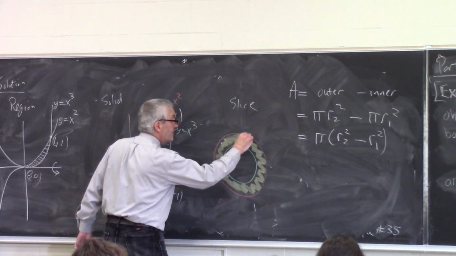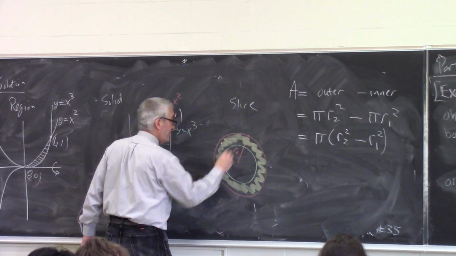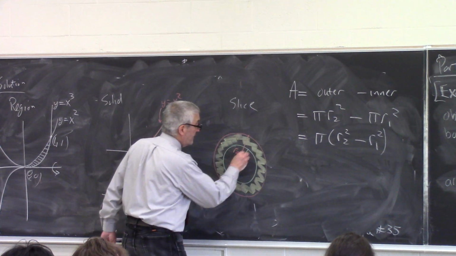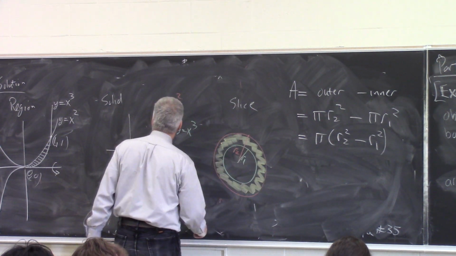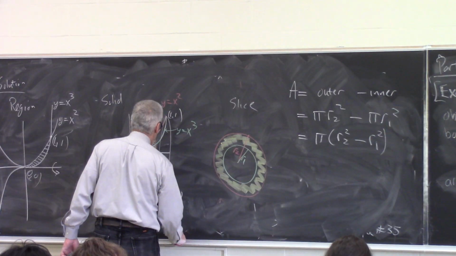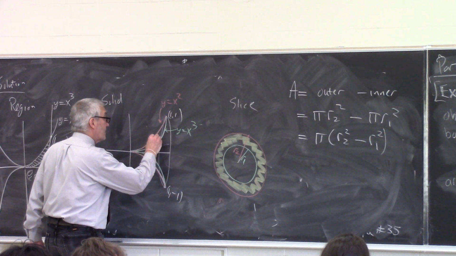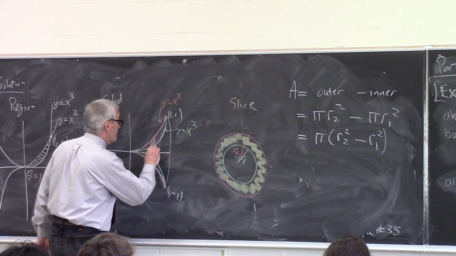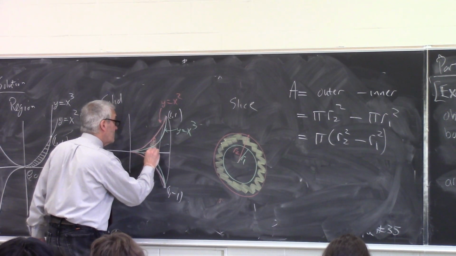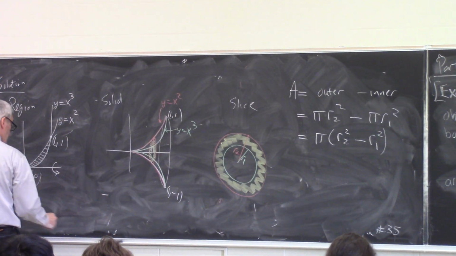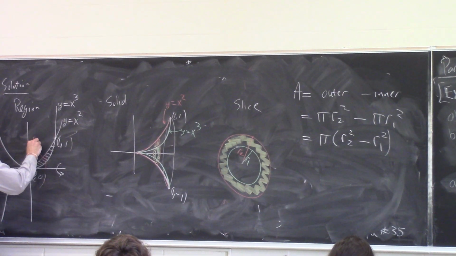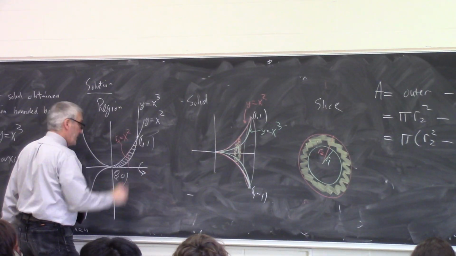So here's my r2. It's that red segment. And here's my r1. It's this green segment. So let's go back to see where those came from. Well, that red segment goes from the x-axis up to that y equals x squared graph, and the green segment goes from the x-axis up to that y equals x cubed graph. So over here on this graph, this is going to be my r2, and so that's going to be x squared.